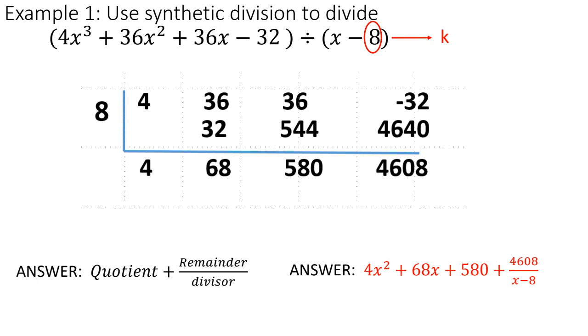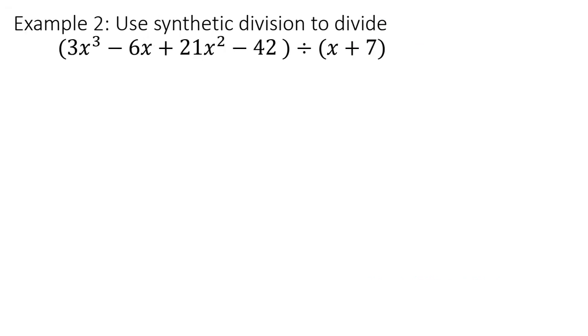So it's going to be 4x squared plus 68x plus 580, plus my remainder, which is written as 4608 divided by my divisor, x minus 8. Hopefully you see that we love synthetic division. We can do division in one line. Very quick process.